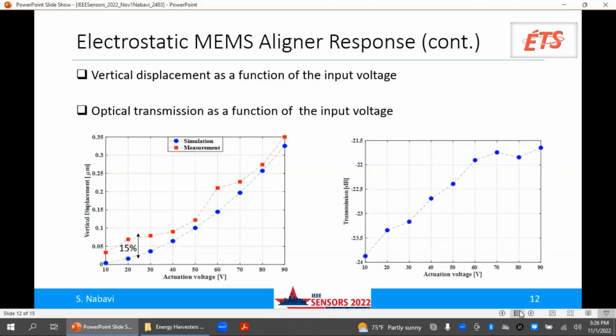The other plot shows the actuation voltage on the x-axis again and the transmission on the y-axis. As you can see, after a certain voltage level, you reach a constant value, because we have removed that initial misalignment between the two waveguides.